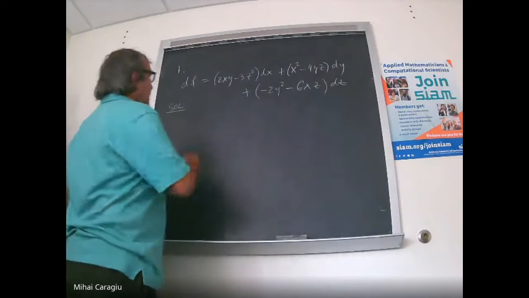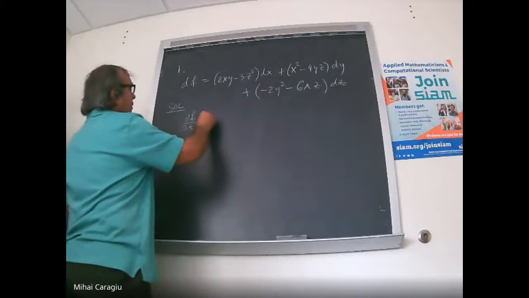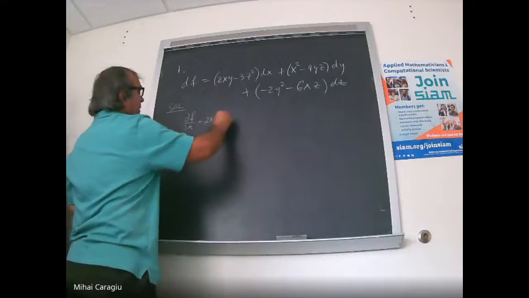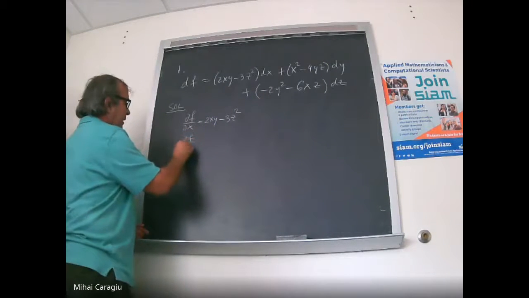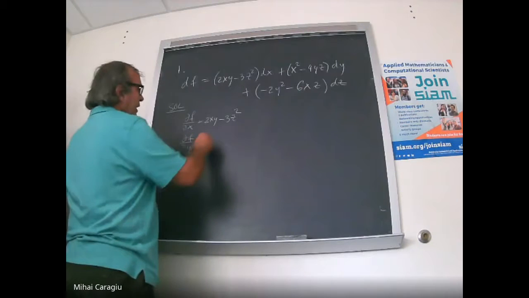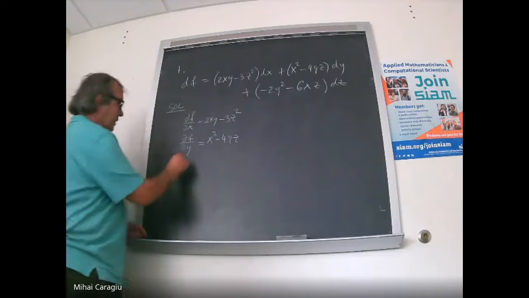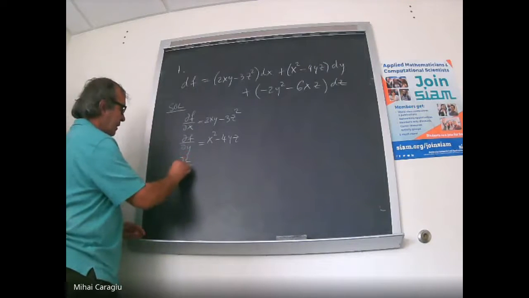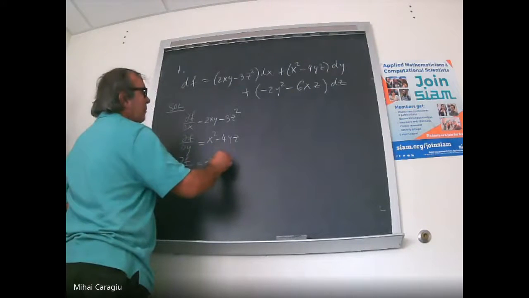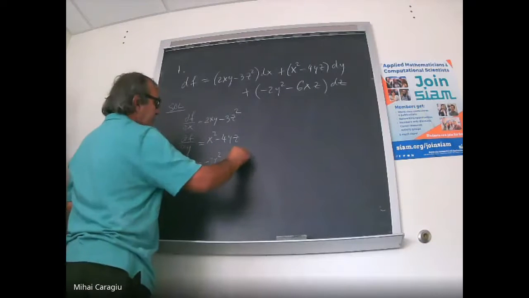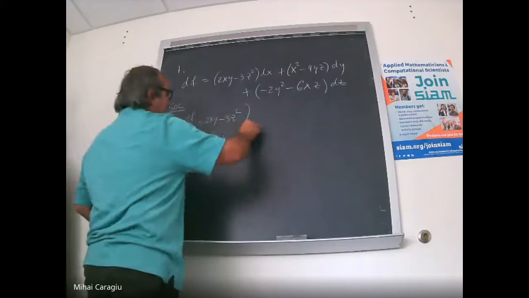And therefore we can say df over dx equals 2xy minus 3z squared, df over dy equals x squared minus 4yz, and df over dz equals minus 2y squared minus 6xz. So now we know the derivatives of f.